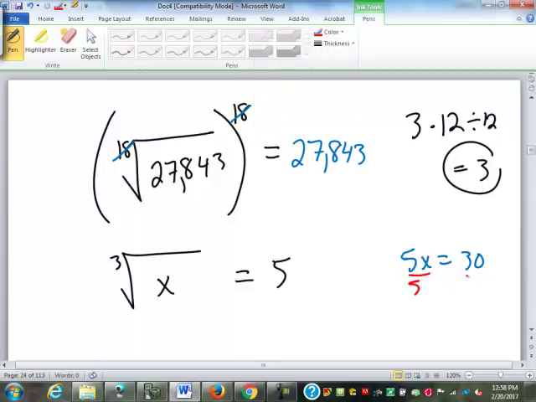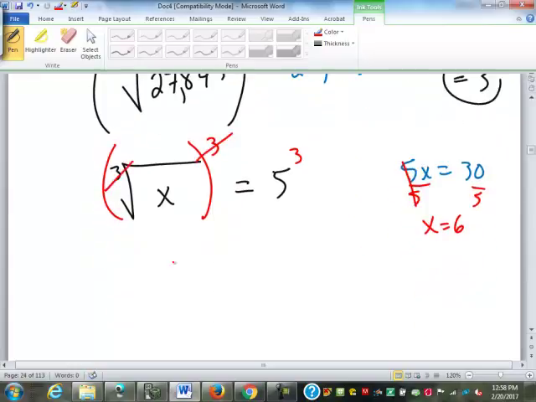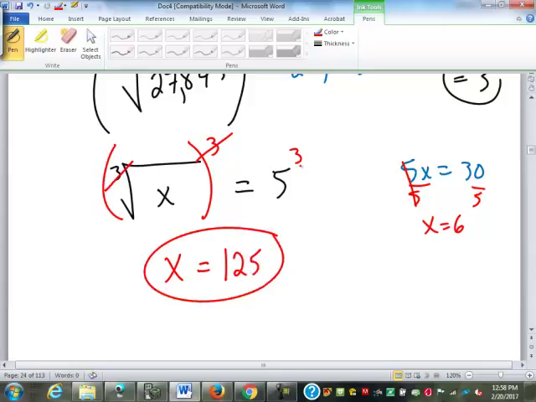We divide by 5, because multiplying and dividing are opposites, right? Here, what's the opposite of a third root? Power of 3. So the power of 3 cancels out, leaves me with x. 5 to the power of 3 is 125. So x equals 125.